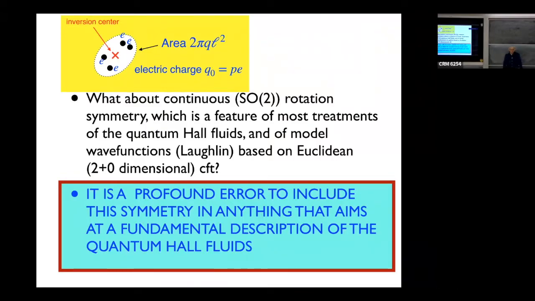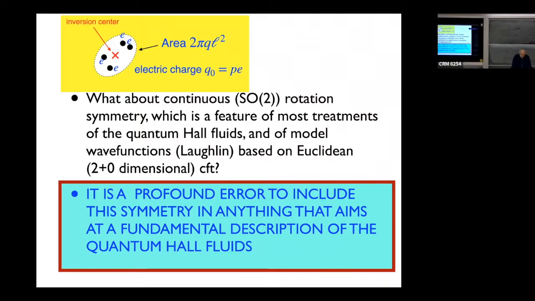So what about continuous SO(2) rotation symmetry, which is a totally popular thing in most people's treatment of the quantum Hall effect? It's a feature of the toy models, the Laughlin state, that people use that's been extremely useful in understanding flux attachment.